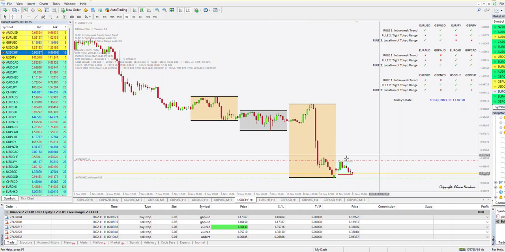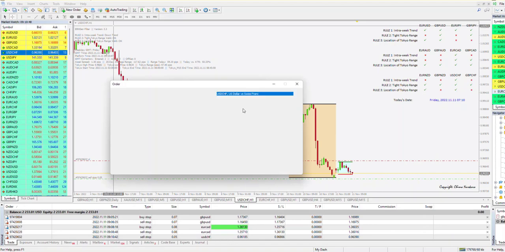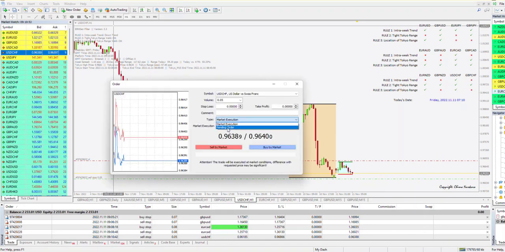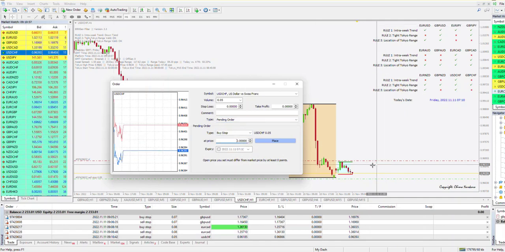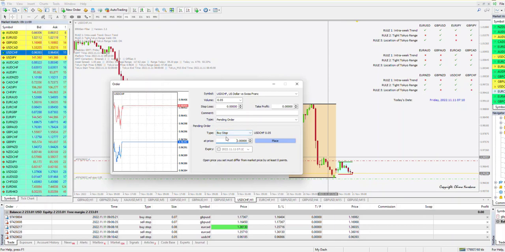Yep. And then my buy pending order, new order, buy stop, and then my entry will be at 0.96866, and my stop loss will be 0.96185.